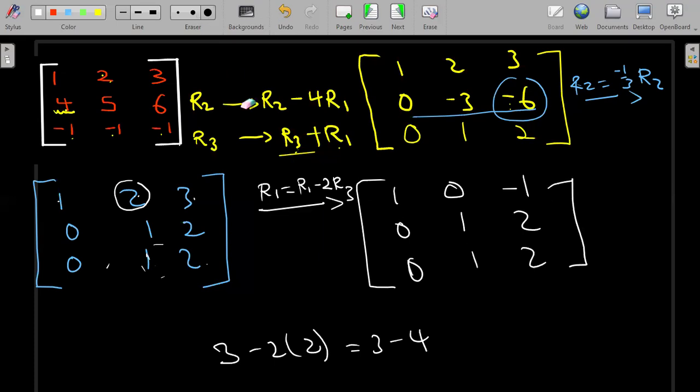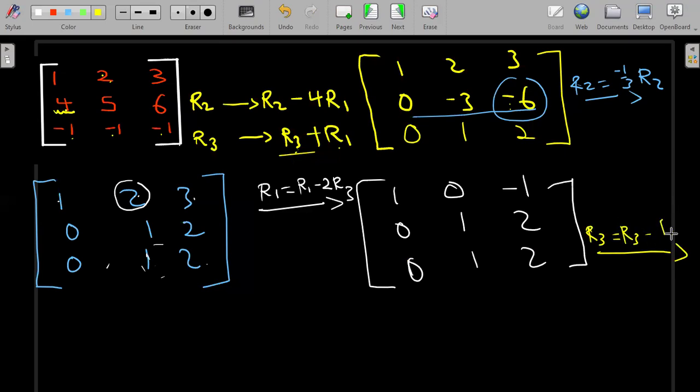Okay, so from there now we can say, let's subtract row. We want to make this one here 0. So let's subtract row 3 and row 2. The operation that we are applying here is for row 3: row 3 becomes row 3 minus row 2.